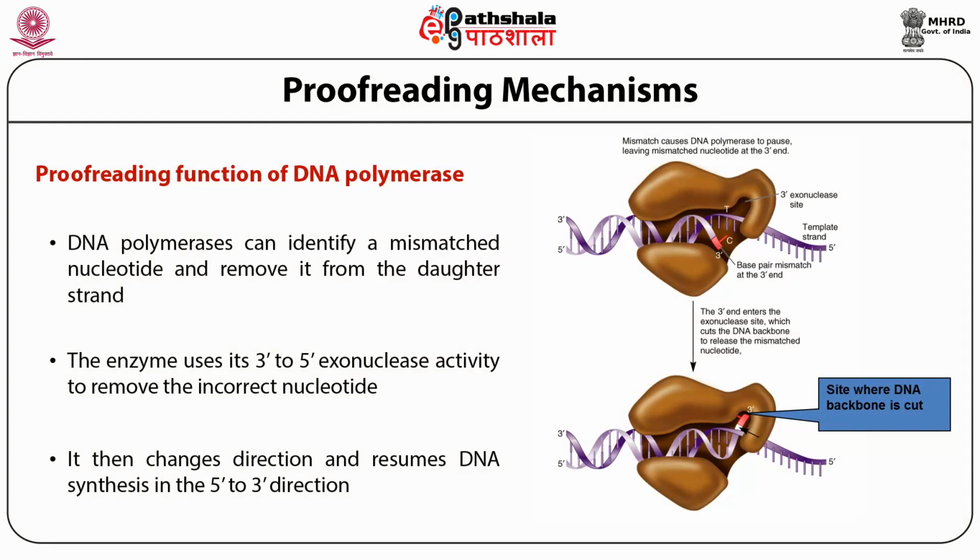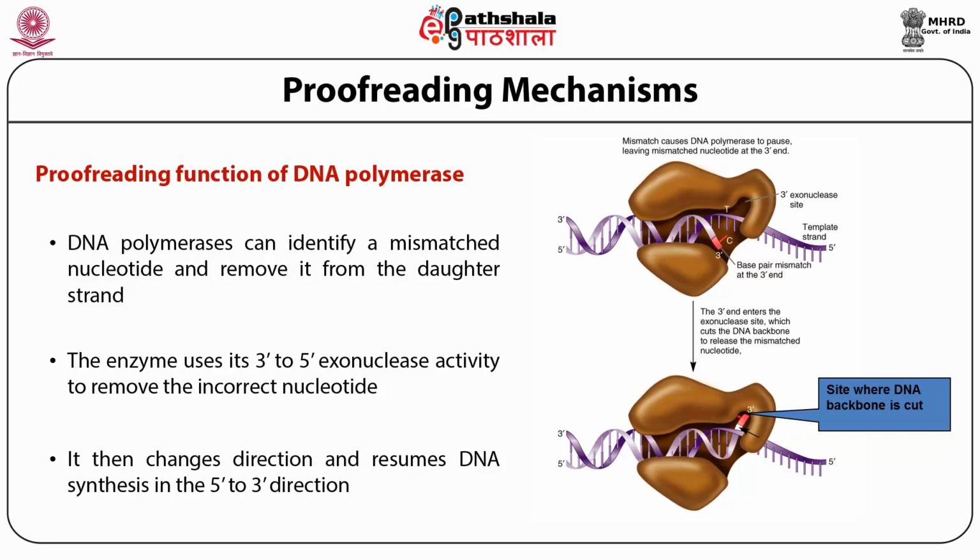Now, the third and important component which is essential for the high fidelity of DNA polymerase is its proofreading function. Now, how does it work? As I already told, DNA polymerase has 3' to 5' exonuclease activity. Now, this is present in a different domain of the DNA polymerase. You can see from the figure that there is a small pocket which is the 3' to 5' exonuclease pocket.